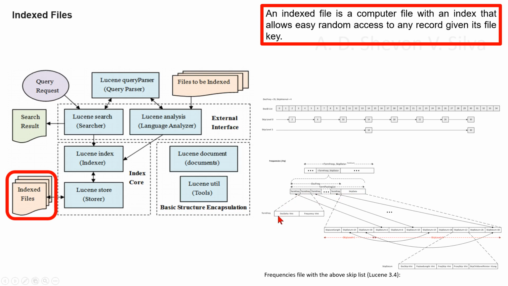Term freq has doc delta vint and frequency vint. Here the skip data, skip level length, skip datum equal 14. Here the skip datum 2, skip datum 6, skip datum 10, skip datum 14, skip datum 18, skip datum 22, skip datum 26, skip datum 30.